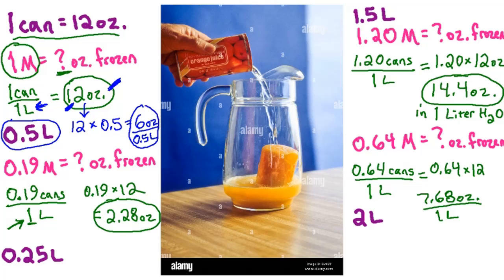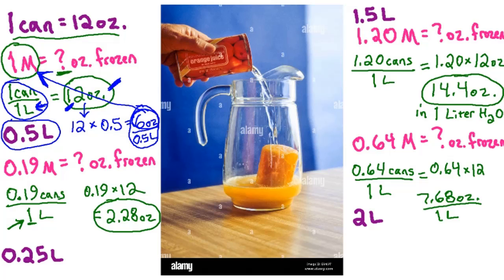And that's still going to be a molarity of 1, because the molarity is all about how much you used if you were to use 1 liter of water, which in this case would be 1 can of orange juice. So that's a molarity of 1, even though we didn't make a whole liter of orange juice. So we didn't need a whole can of orange juice concentrate. We only needed half a can, or 6 ounces of it.